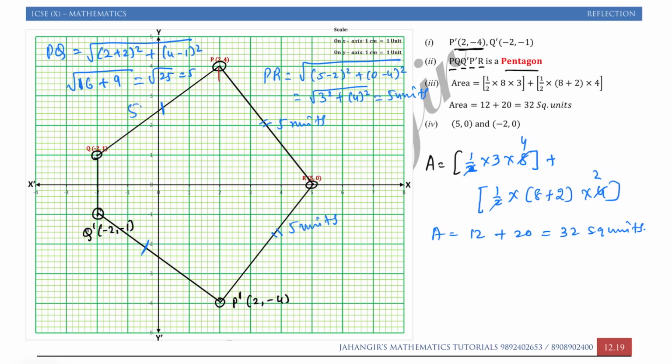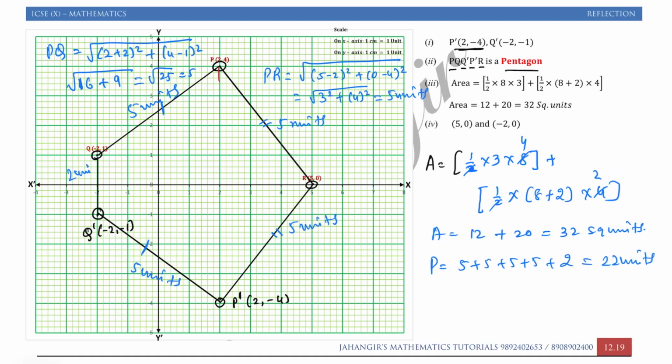So this is also 5 units. This is also 5 units. Now the vertical line is 2 units. If you see, it's from 1 to minus 1. There are 2 blocks, so it's 2 units. So the perimeter will be 5 plus 5 plus 5 plus 5 plus 2. That is 22 units.